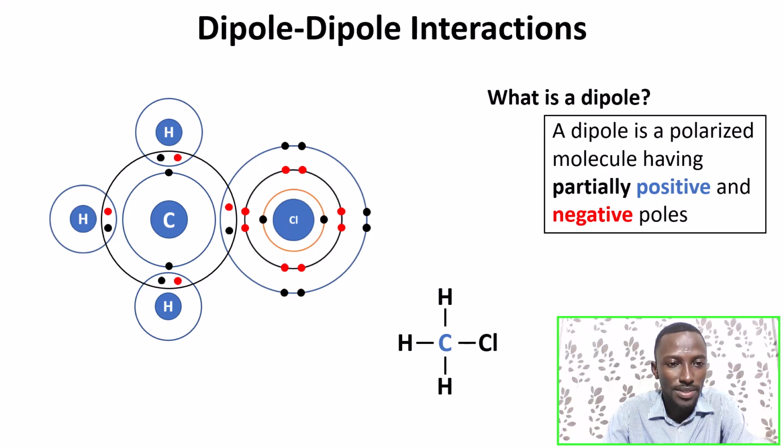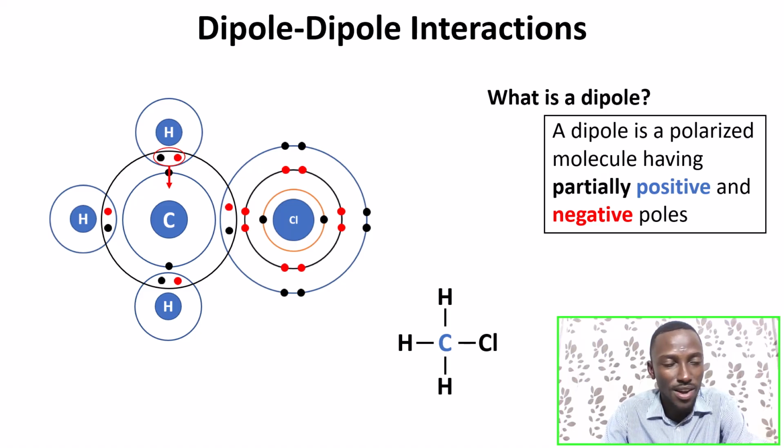Now this is what happens. If you look at the carbon-hydrogen bond, the one at the top, there are 2 electrons. That is 1 pair of electrons being shared between the carbon and the hydrogen. Because carbon is stronger than hydrogen, in the terms of chemistry, we don't use stronger, we use more electronegative, meaning it loves electrons.